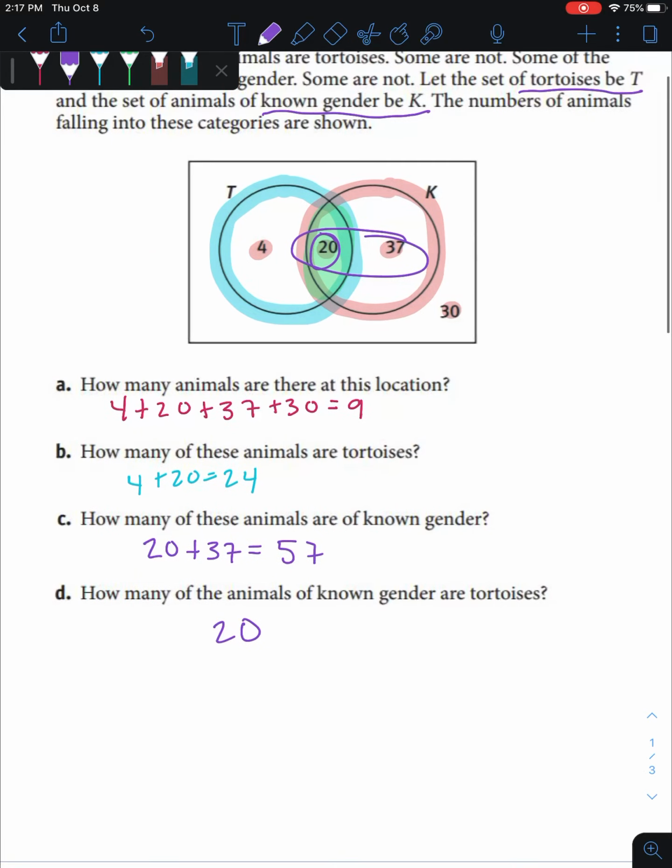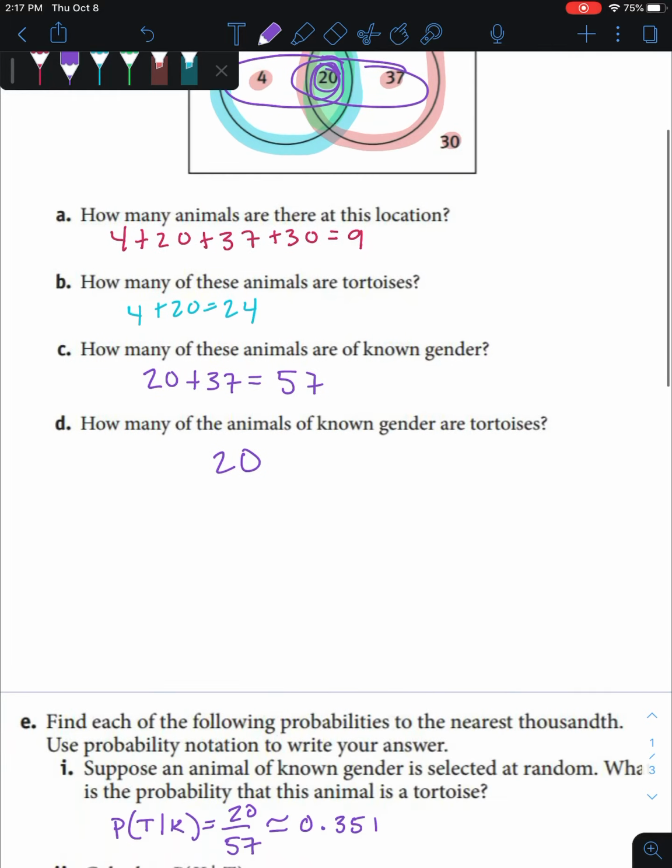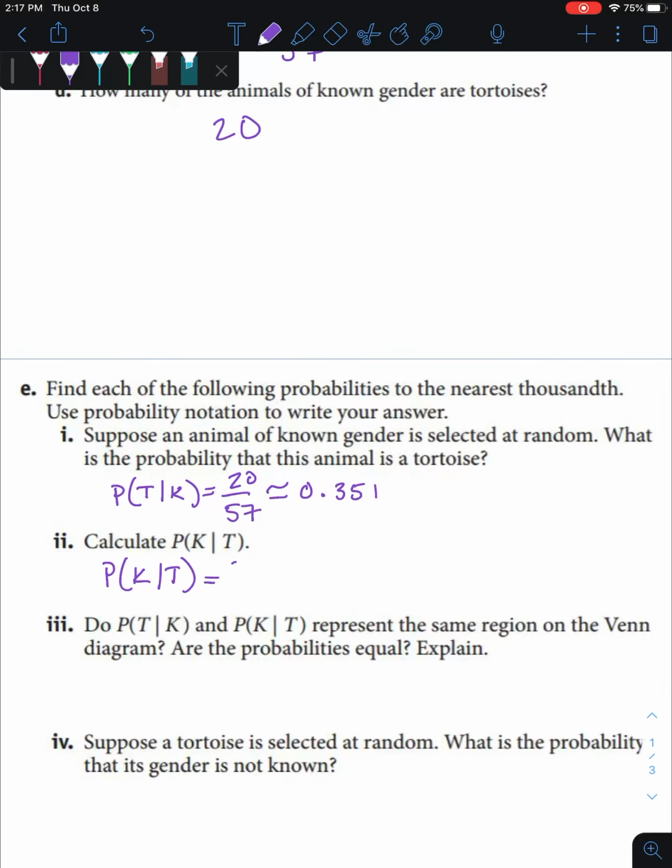And then up here, so given T, so these two are T, so that's going to be 24, and then K is 20. So 20 over 24, and again I'm going to get that equal to a decimal, and I get 0.833.